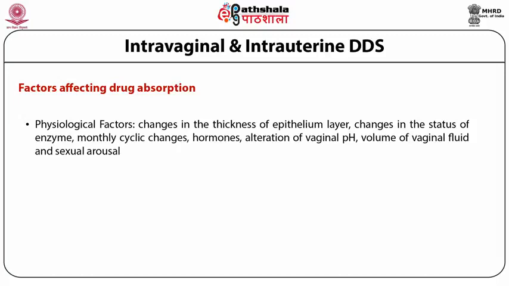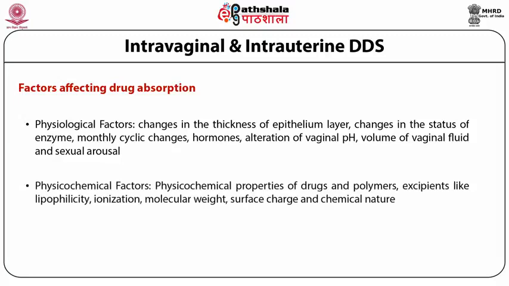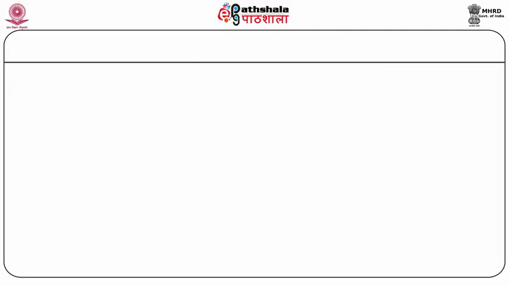The other factors include the physicochemical factors, which are the physicochemical properties of the drugs and the polymers, excipients like lipophilicity, their ionization, molecular weight, surface charge, and chemical nature.